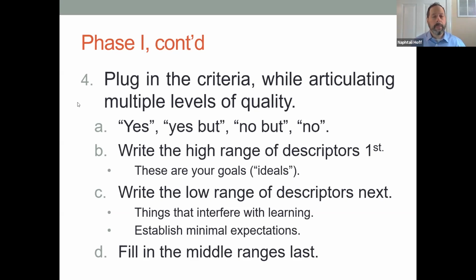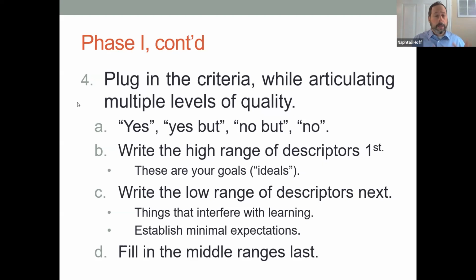Okay, yes, but. Now this example may not be perfect when it relates to the nuance of the but piece. No is very clear. No would be that they didn't. In this case, the range might just be they did 4, 3, 2, or 1, something like that. But you might want to say instead, did the student provide a clear topic sentence to initiate and engage the reader? So yes would be very clearly the student did what was asked of that student.